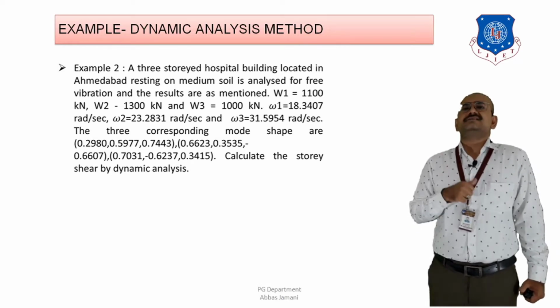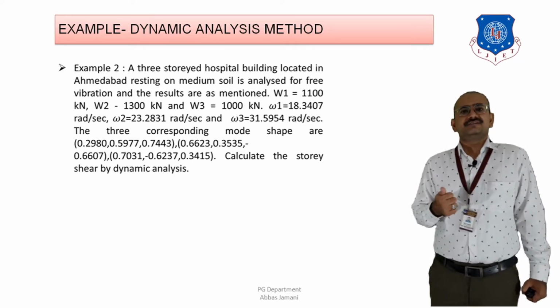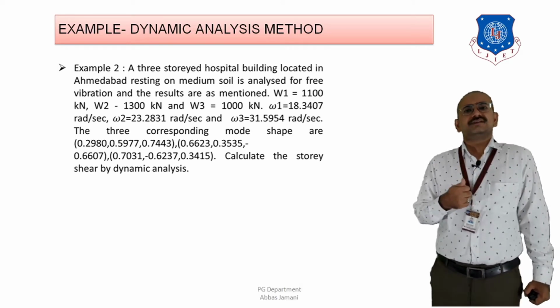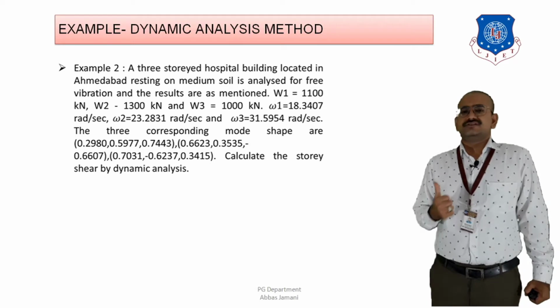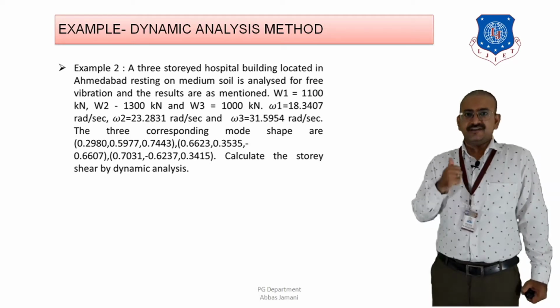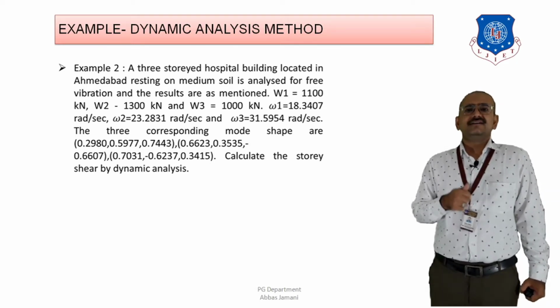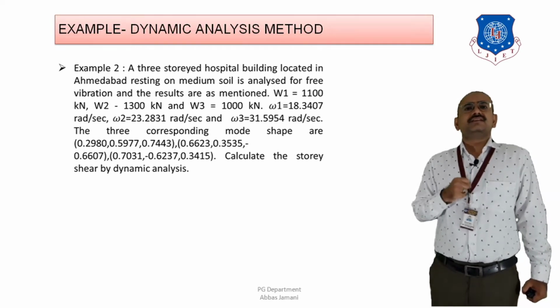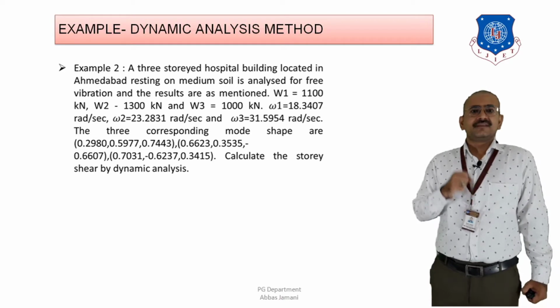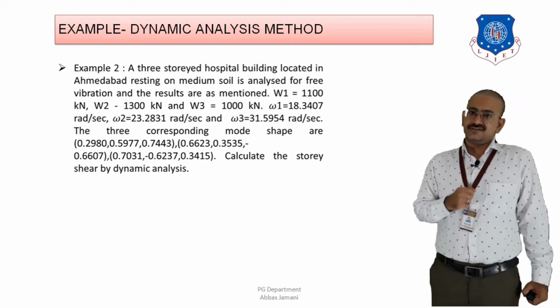Wherever the mass is there, the inertia forces are there, and wherever the inertia forces are there, these values of angular frequency and the corresponding mode shape will be available to us, right? So in the present example a G+2 building is given, so basically 3 floors are there, and the weights are given as 1300 kilonewton, 1100 kilonewton, and 1000 kilonewton, right?